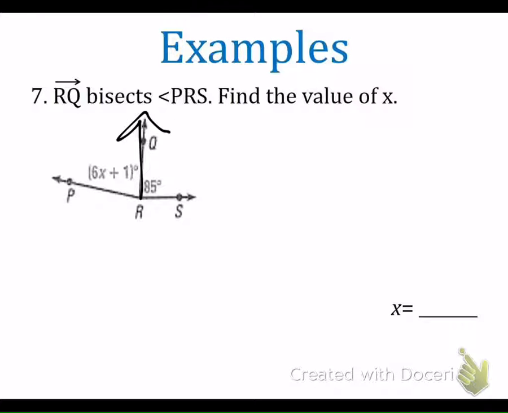What do I know about their measures? They're congruent, and congruent means equal. So the equation I need to solve is 6x plus 1 equals 85. How would I solve such an equation?